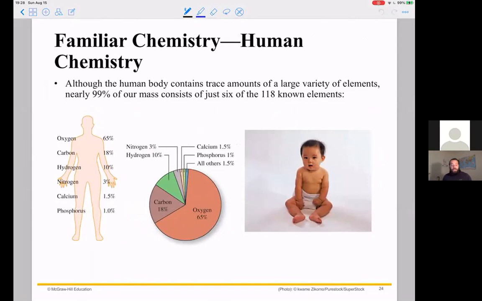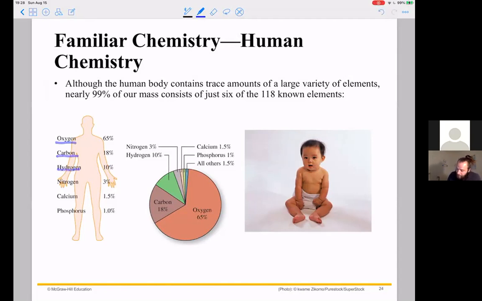All right. So again, I said that the periodic table is the summary of all the different elements that we humans have discovered. If we looked at the human body, we would see that it's really composed mostly of 6 different elements, right? So most of what our body is composed of is oxygen. That's because we have a lot of water in us. The other main part is carbon.